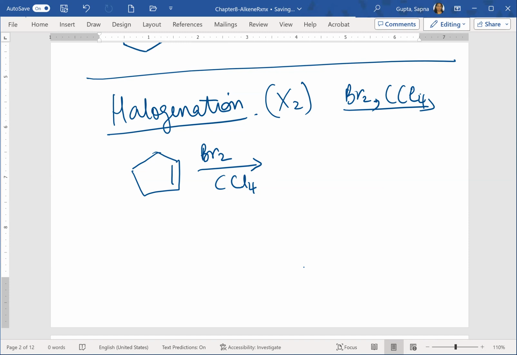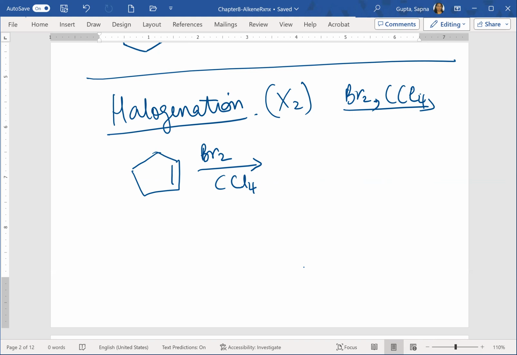CCl4 is not there for any reaction. It's not a reagent. I write it on top of the arrow and bottom of the arrow so that you at least have an idea what to focus on, but it's not all the time though. So be careful with this, and learn to recognize what is the reagent, the one that is actually doing the reaction.